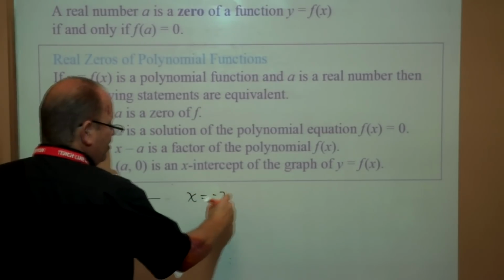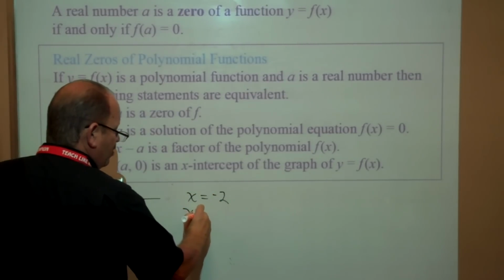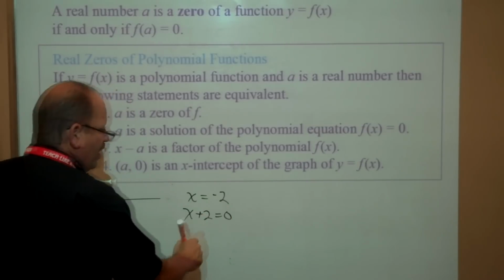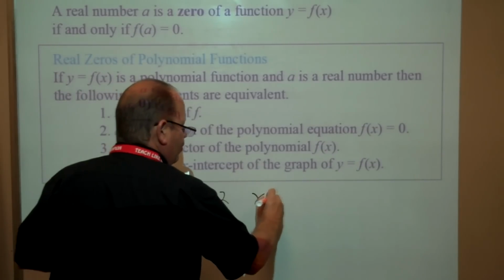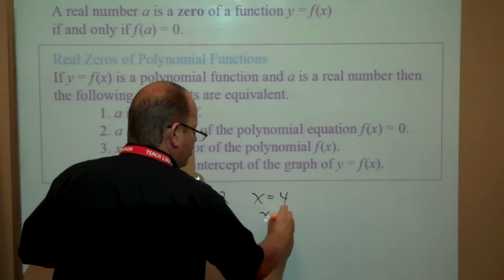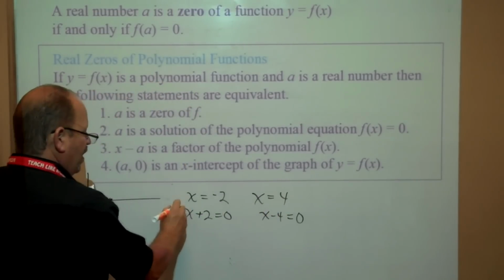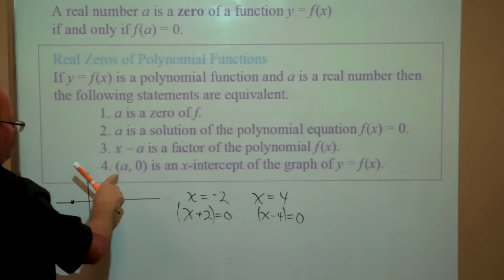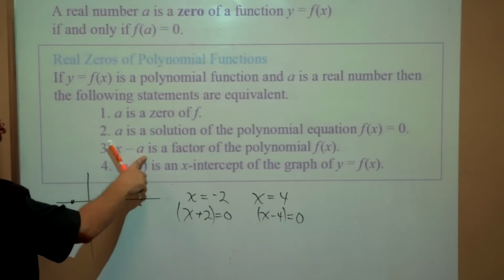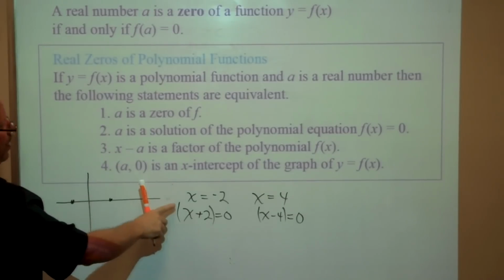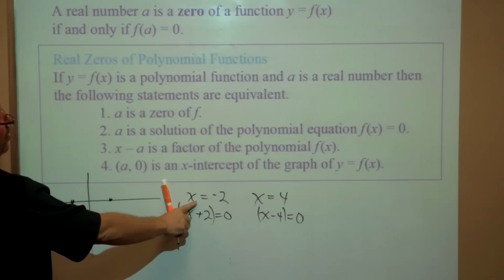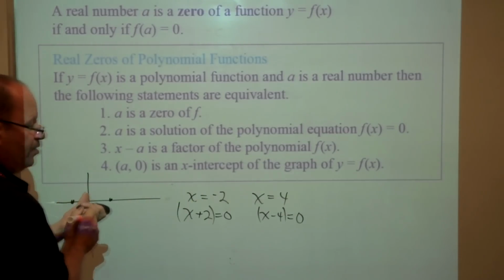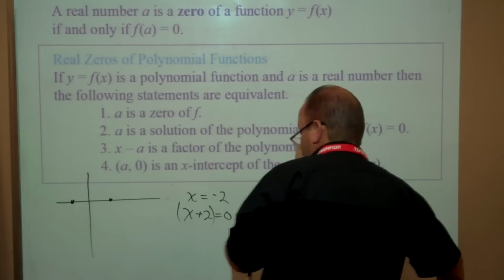We were getting like x equals negative 2, and we had to figure out the quadratic. X equals 4, x minus 4 equals 0, and we found the two factors when these were zeros, or solutions.